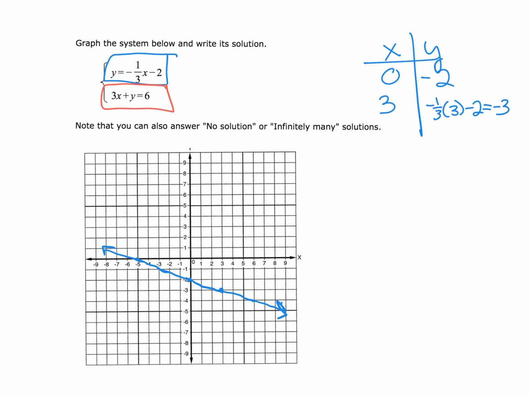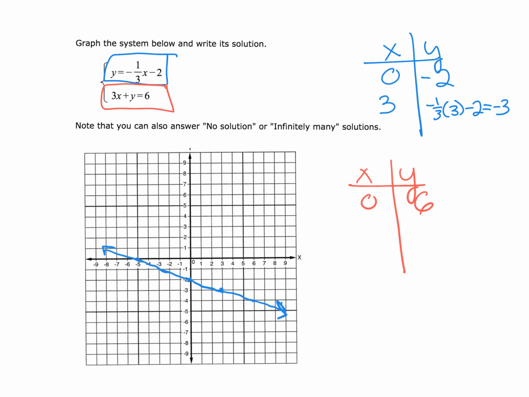All right, now let's do the red. For the red, let's get a couple points, x and y. Let's do x equals 0 first. With x equals 0, that's just 0 plus y equals 6, so y equals 6. I could plug in something for x, like 1, or I could also try plugging in y equals 0.